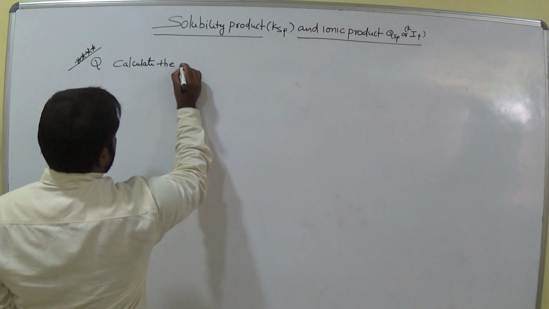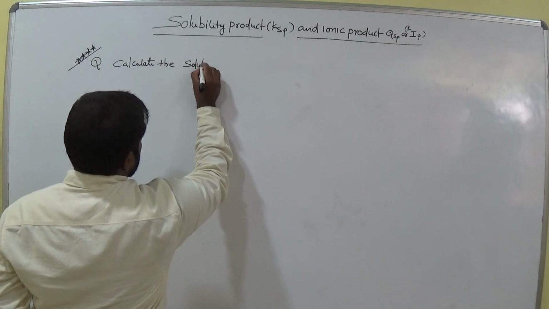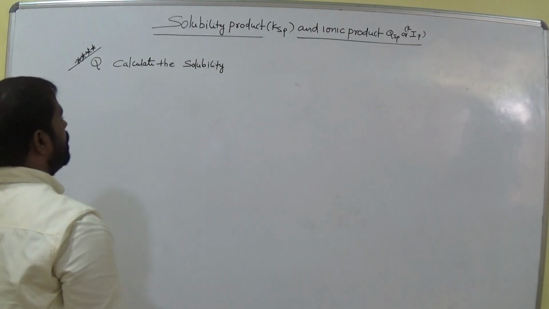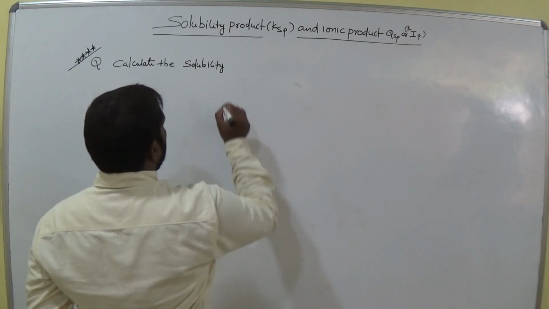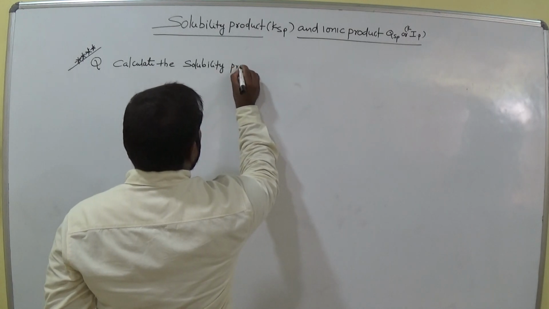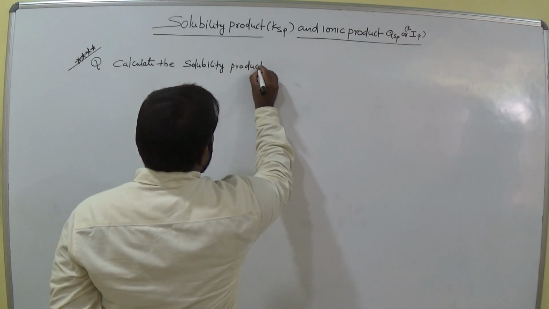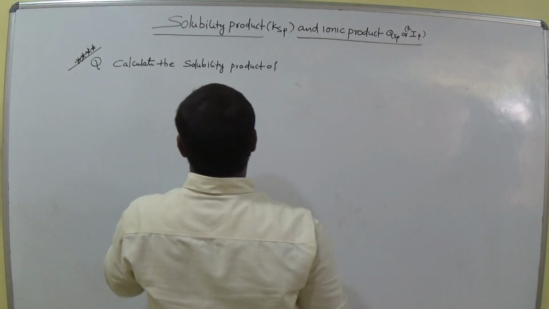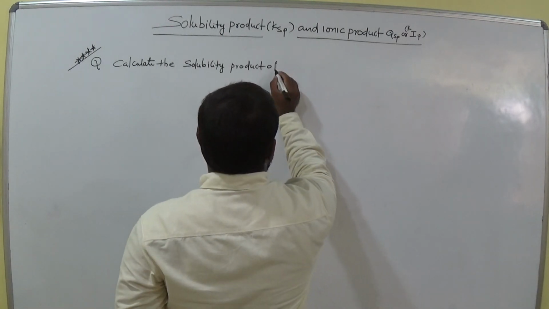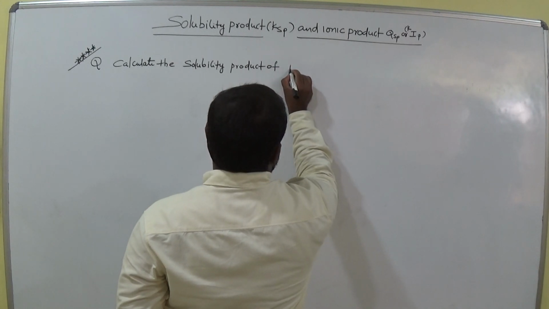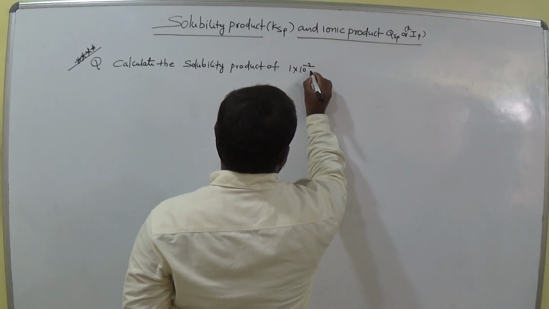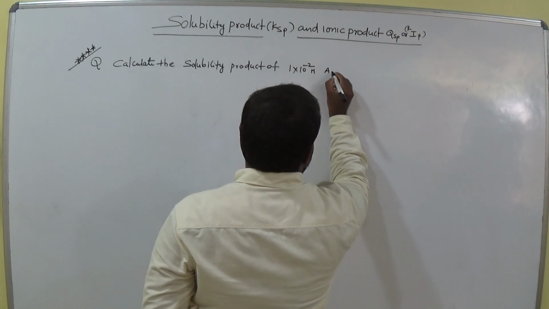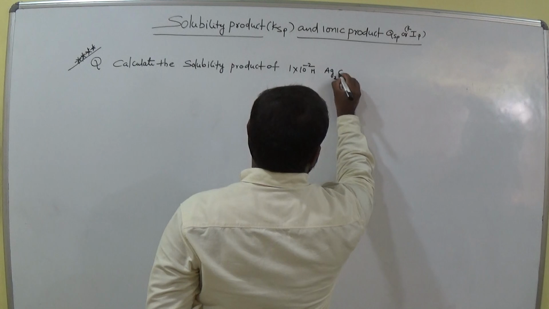Calculate the solubility product of 1 into 10 power minus 2 molar Ag2CrO4.